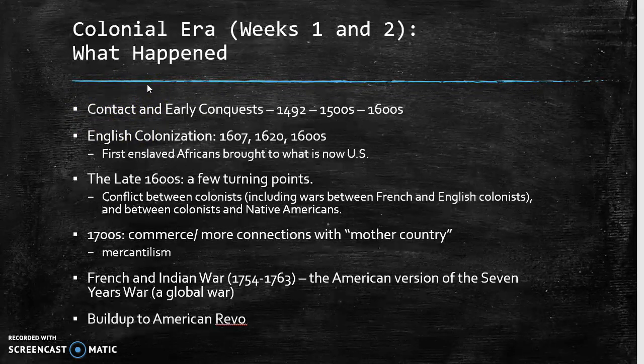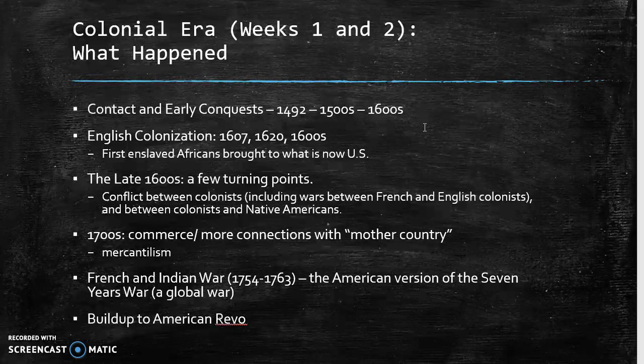We start to see some contact with African Americans as well. This is multicultural contact. This also is a period of conquest, when European colonists were conquering different parts of North America and also South and Central America, but this is a class about U.S. history, so we'll stick to North America as much as possible. So that's contact and early conquests from 1492 into the 1500s and 1600s.